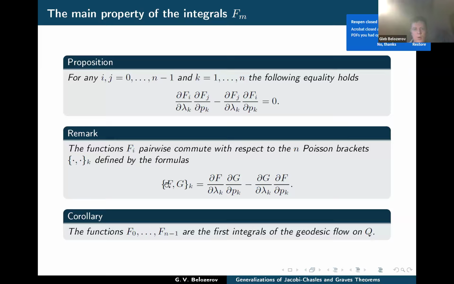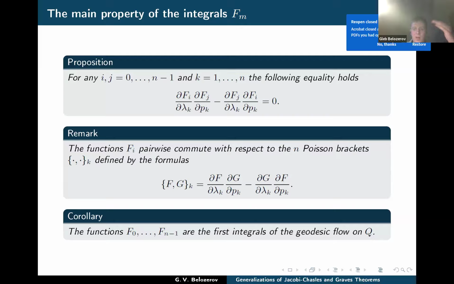We know that the first integrals fi, fj commute with respect to any partial Poisson bracket, and the Poisson bracket on the intersection of several confocal quadrics is the sum of such partial Poisson brackets.